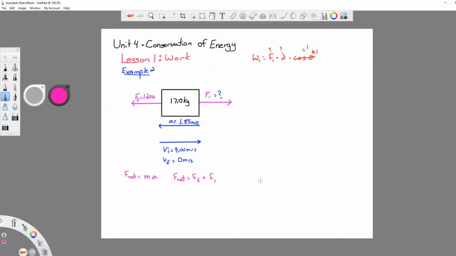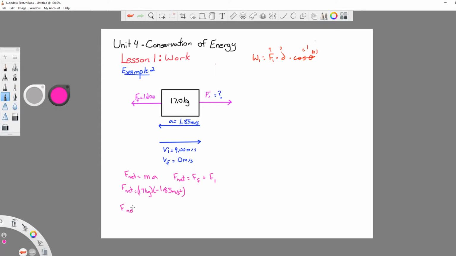And we have a couple values we can fill in here. We know mass, we know acceleration, so we can figure F net out right away. F net is equal to 17 kilos times negative 1.85 meters per second squared. I'm choosing negative 1.85 because it's decelerating us.